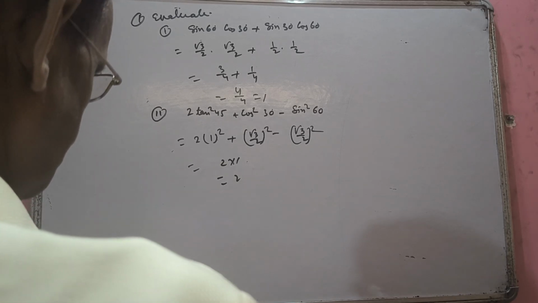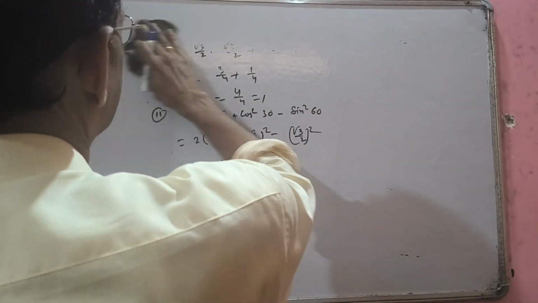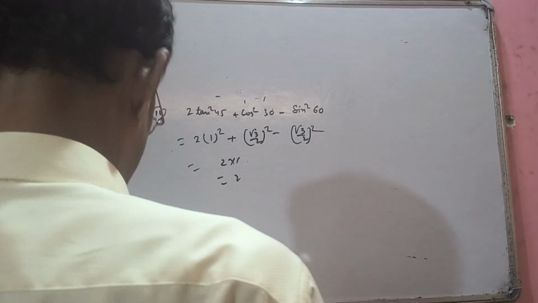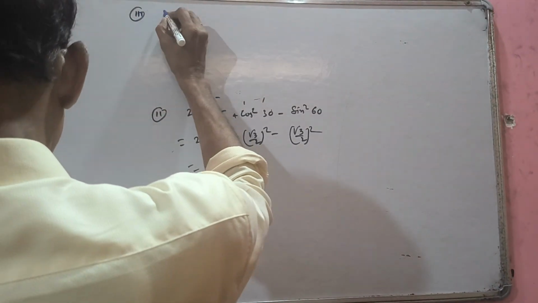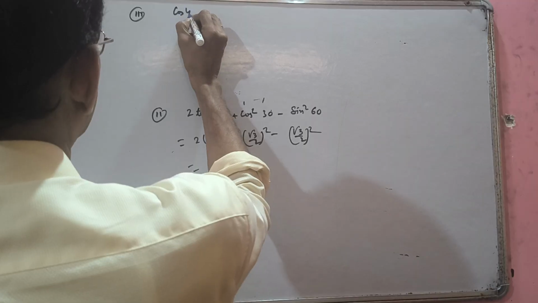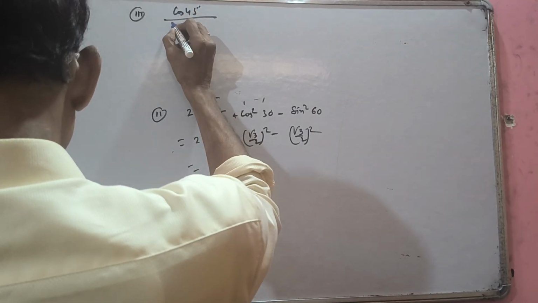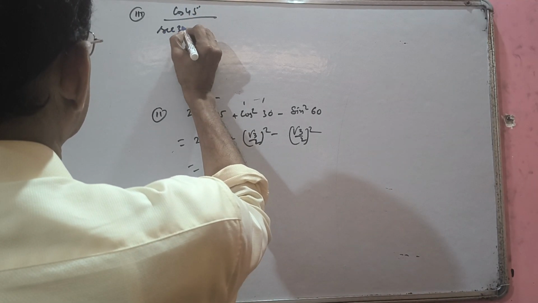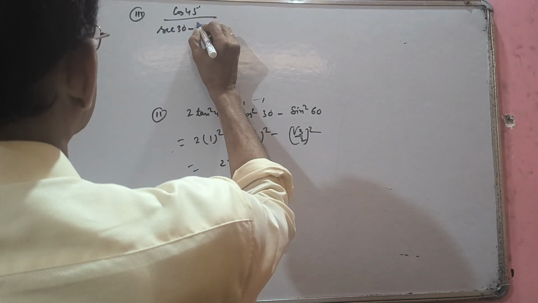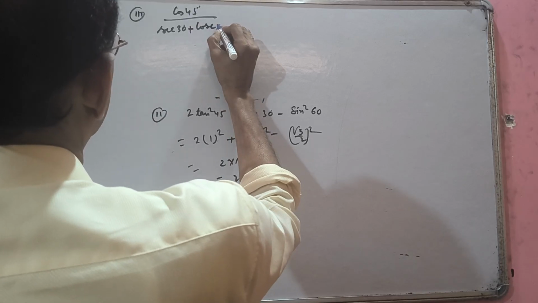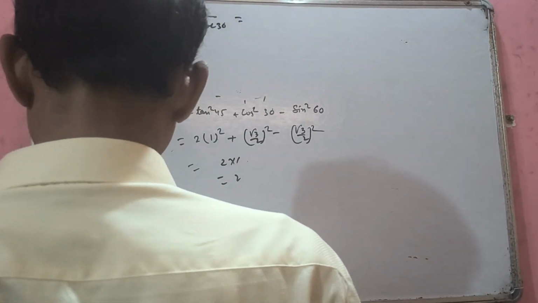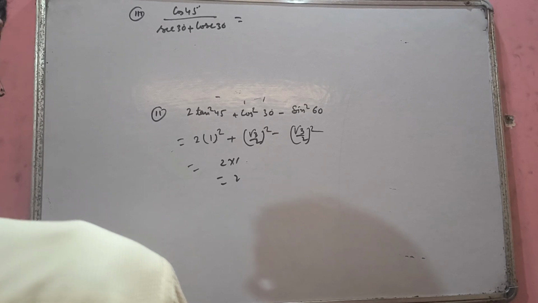Number 3 now. Question number 3. Cos 45 degree by sec 30 degree plus cosec 30 degree. Now the value you need to put.